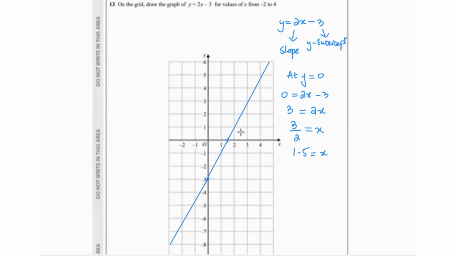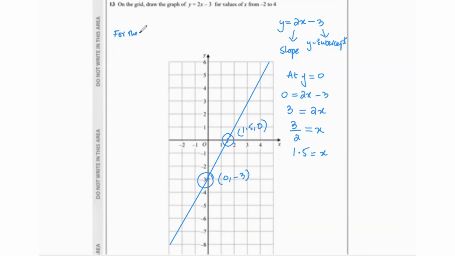And that's a line. As you can see, we have marked our y-intercept, which is 0, negative 3, and our x-intercept, which is 1.5, 0. So you only need these 2 points to plot your linear graph. If you have them, you're good to go. For the x-intercept, you put y equals 0. Let me just write that over here.